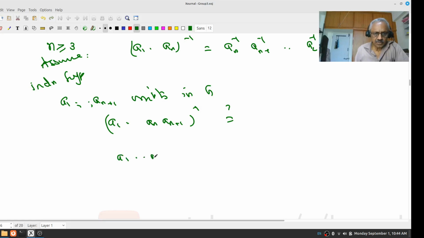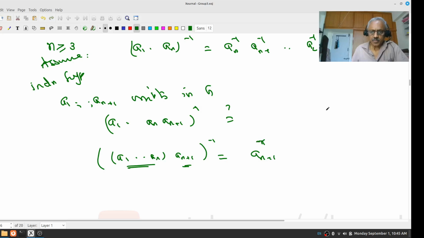But remember, I can write this as A1 to An into An plus 1. Notice that this is some element, this is another element in the group. For the n equal to 2 case I can use what you proved for AB inverse, which is B inverse A inverse. I am calling this B perhaps. This is my A. You understand? This is An plus 1 inverse into the inverse of A1 to An.